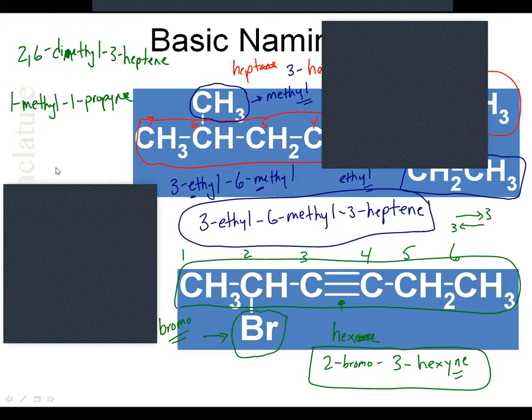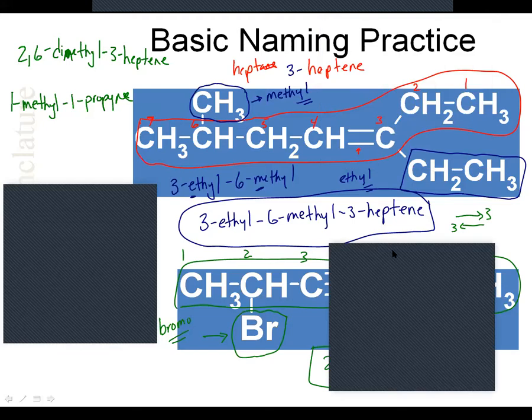The reason you wouldn't use 2-methyl is because, whenever you're dealing with double bonds or triple bonds, they get the priority in terms of which way you number, and you always want to number the carbons to give them the smallest number. The consequence is that since we numbered right to left in that top one to lock in our double bond, you are stuck with that numbering, which means all the other groups have to be numbered the same way.